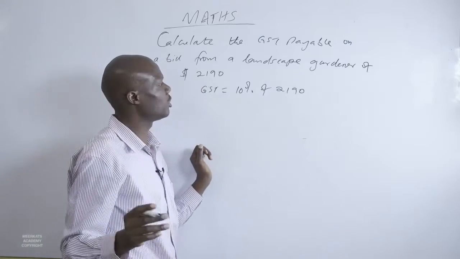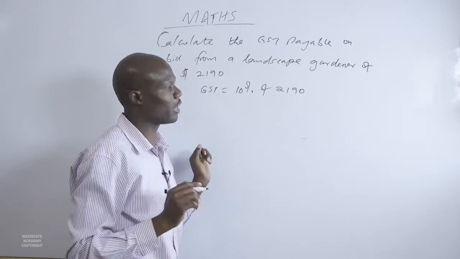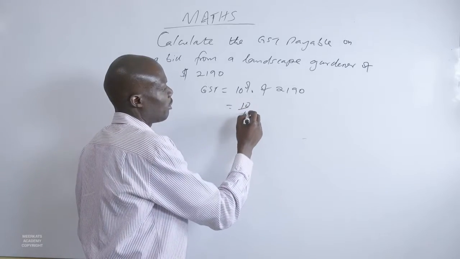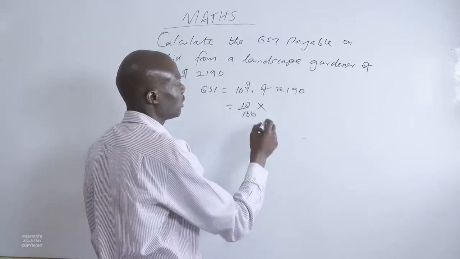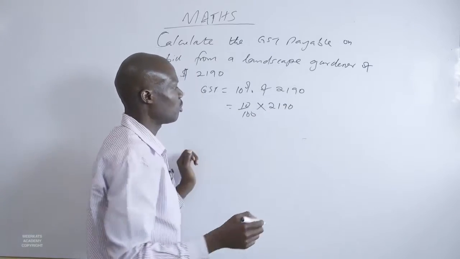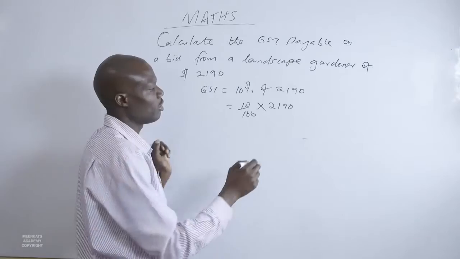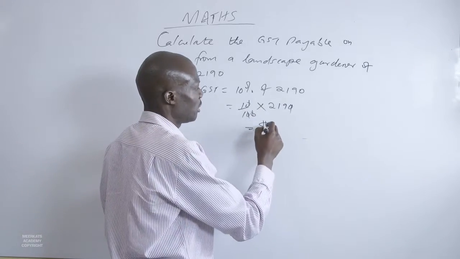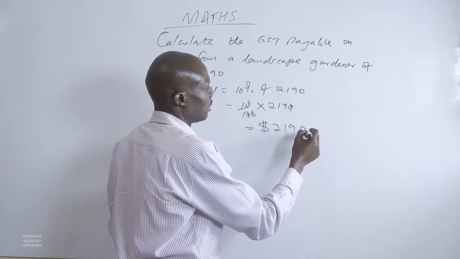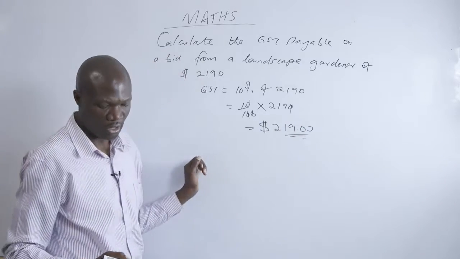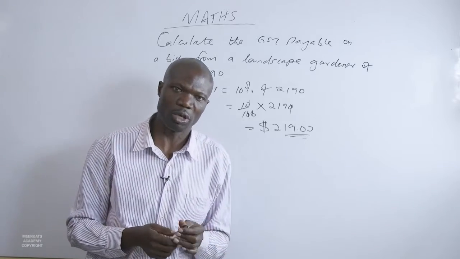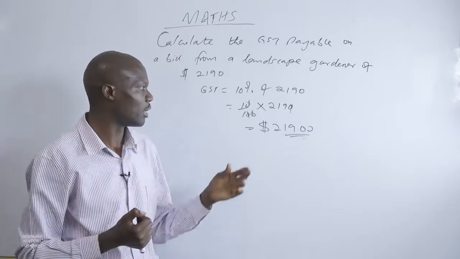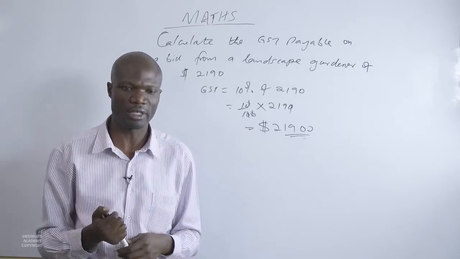So it will be 10% of 2,190. Our conversion remains: 10 over 100 of means multiplication of 2190. When you simplify this, you'll find this one will give us $219. So the GST payable by a gardener who is earning $2,190 is $219.